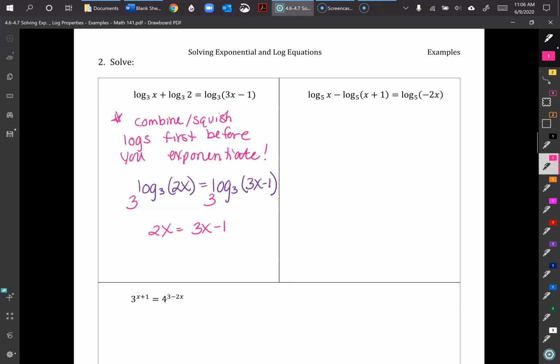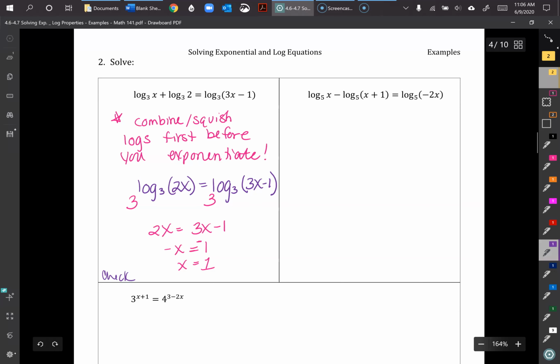So then we have negative x equals negative 1. So x equals positive 1. And then again, just make sure you check the domain. So I'm going to look up here. I'm good there for positive 1. I'm good here. I have 3 minus 1 will give me 2.